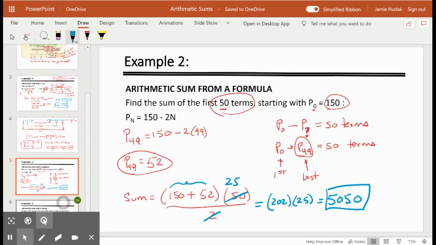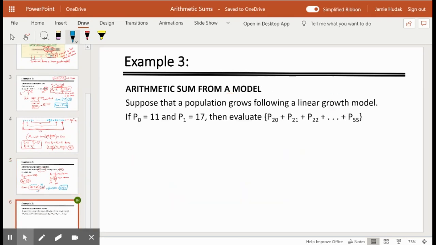And one last example, just to show you a different way the question can be asked. Suppose that a population grows following a linear growth model. Once we read that, we know that our formula is P sub n equals P0 plus the common difference times n, which is the subscript of the term.